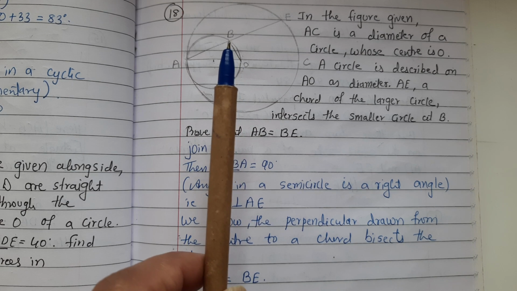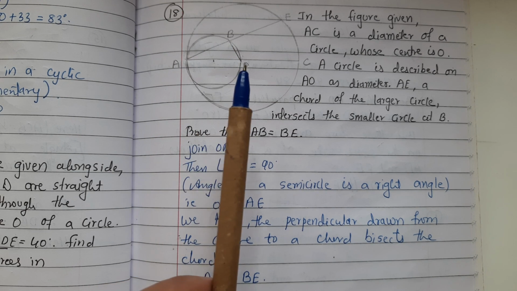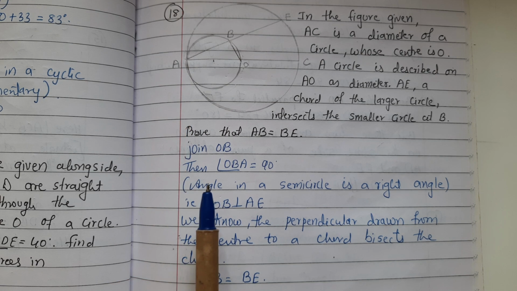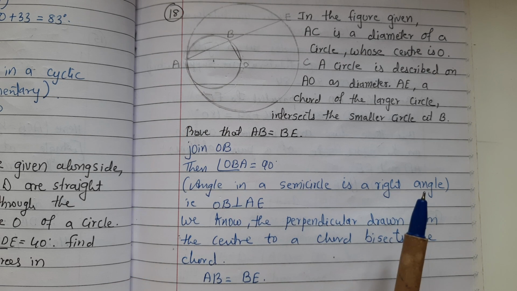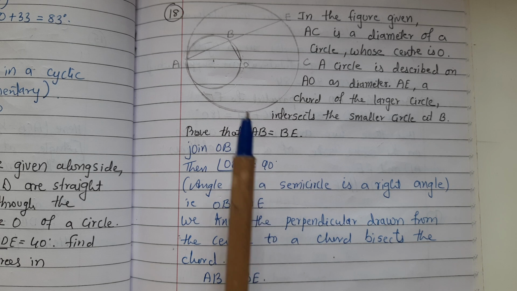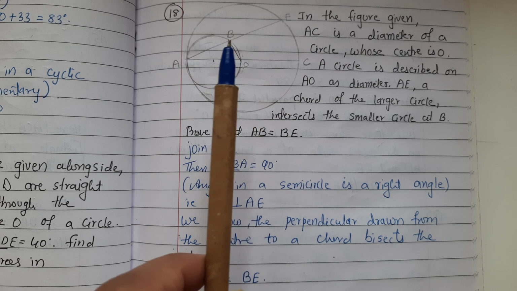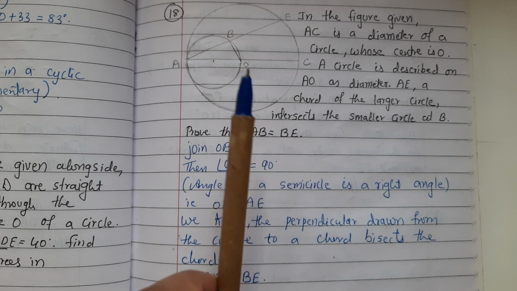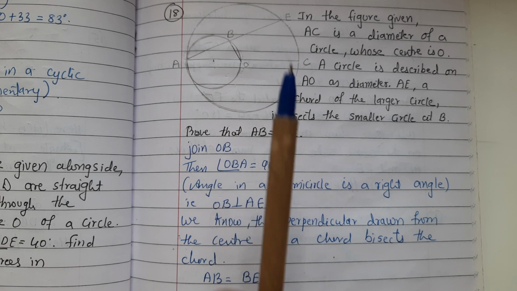Join OB. Then angle OBA is equal to 90 degree. Angle in a semicircle is a right angle. That means OB is perpendicular to AE. We know a perpendicular drawn from the center to a chord bisects the chord. Therefore, AB is equal to BE.